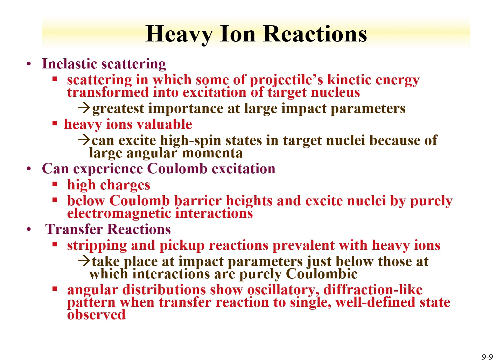These can take place when impact parameters are just below those at which purely Coulombic interactions occur. Some of the results can be measured with angular distributions, which show diffraction-like patterns when transfer to a single well-defined state is observed. So you can get information about nuclear states from the behavior in these transfer reactions.